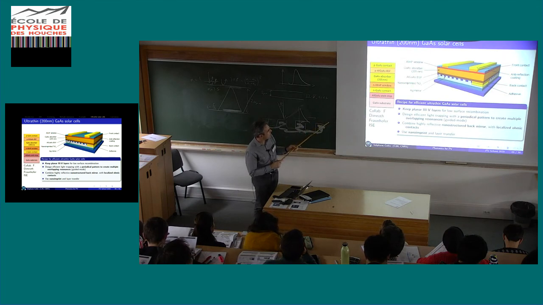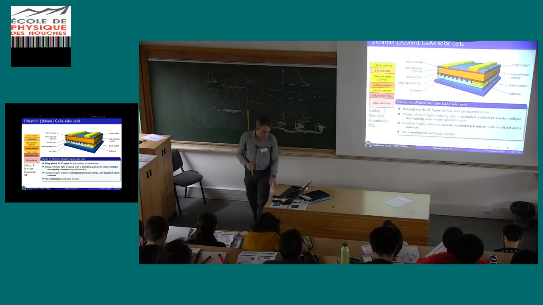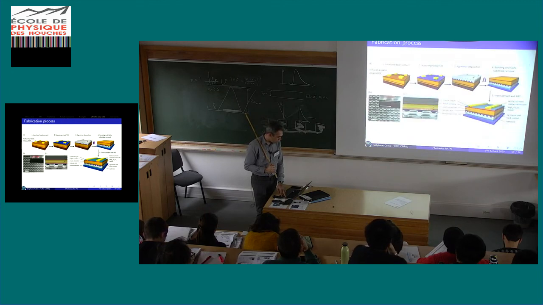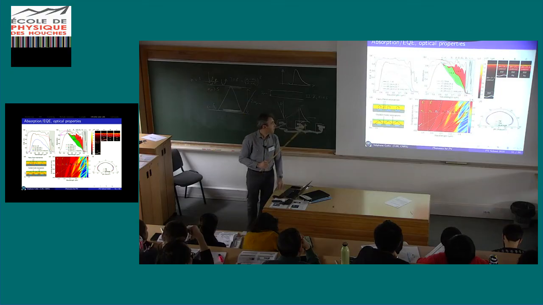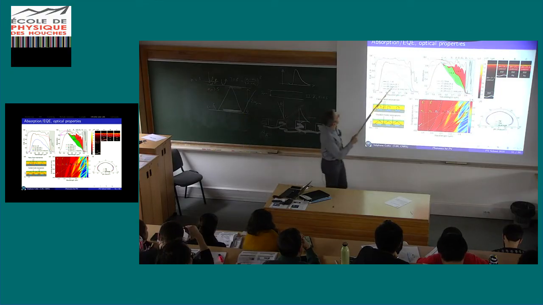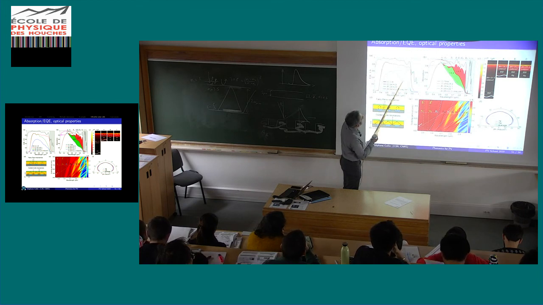We fabricated these cells in collaboration with Fraunhofer ISE and the team of Frank Dimroth. And we used only 200 nanometer thick gallium arsenide as compared to about 1 to 2 microns for conventional gallium arsenide solar cells. And we have shown that we can have in red very nice external quantum efficiency as compared to a flat back mirror or no mirror at all.